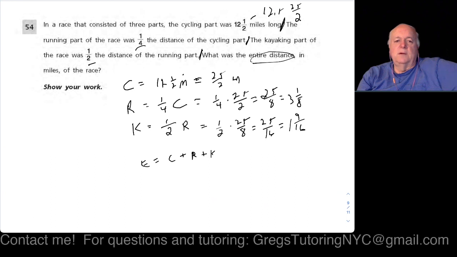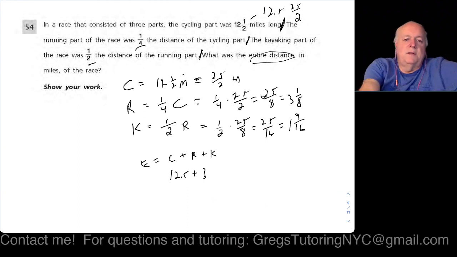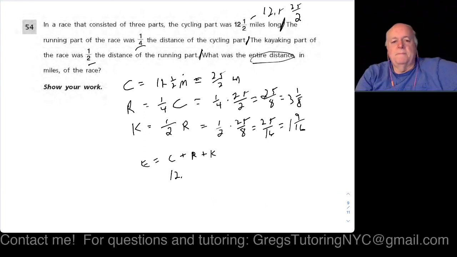So we're either going to add 12.5 plus 3 1/8. Actually, let me write that as 12 and a half, plus 3 1/8, plus 1 9/16.